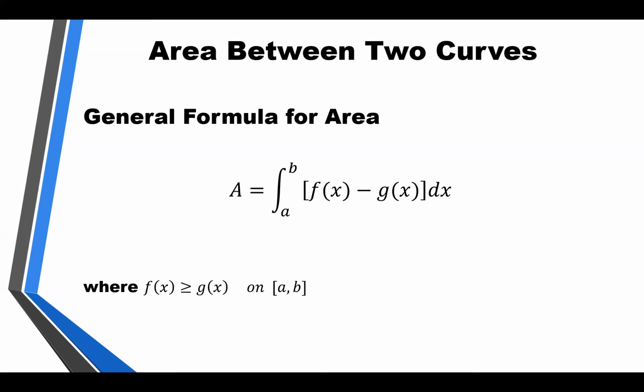Otherwise, it's a pretty straightforward operation. F minus g, definite integral from a to b, gives me the area. Again, as long as f is bigger than g. And if g was bigger than f, then we just switch these.